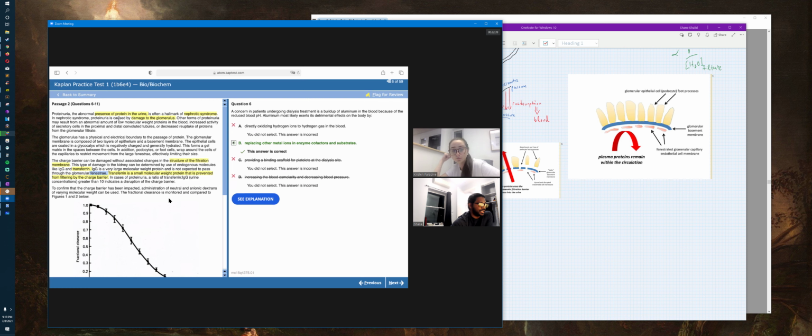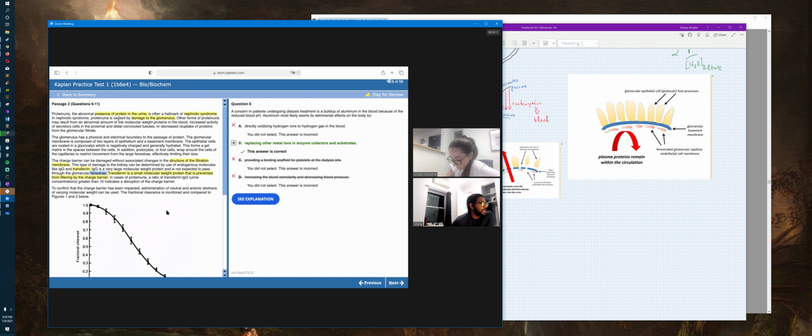It's what shows up in your urine. So essentially it's saying that the smaller the molecule, the more of it will appear in your urine.